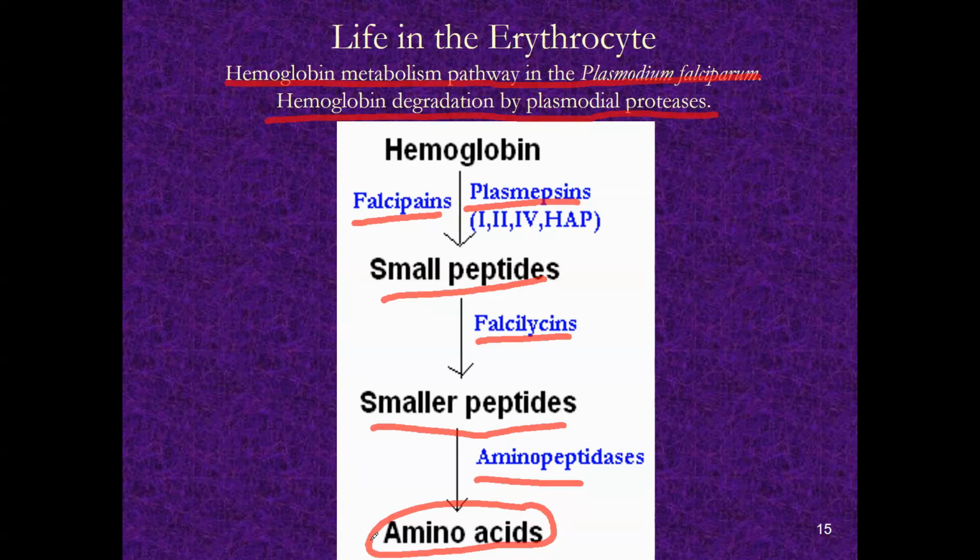This is how the parasite multiplies in the red blood cells, and at the end the red blood cells rupture and thousands of Plasmodium cells come out from the red blood cell and then infect other red blood cells. So this is an important event in malarial parasite infection.